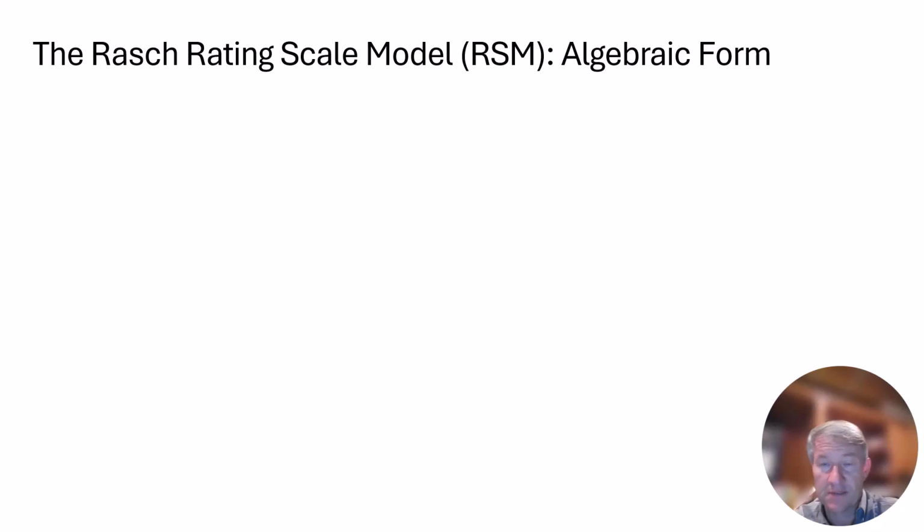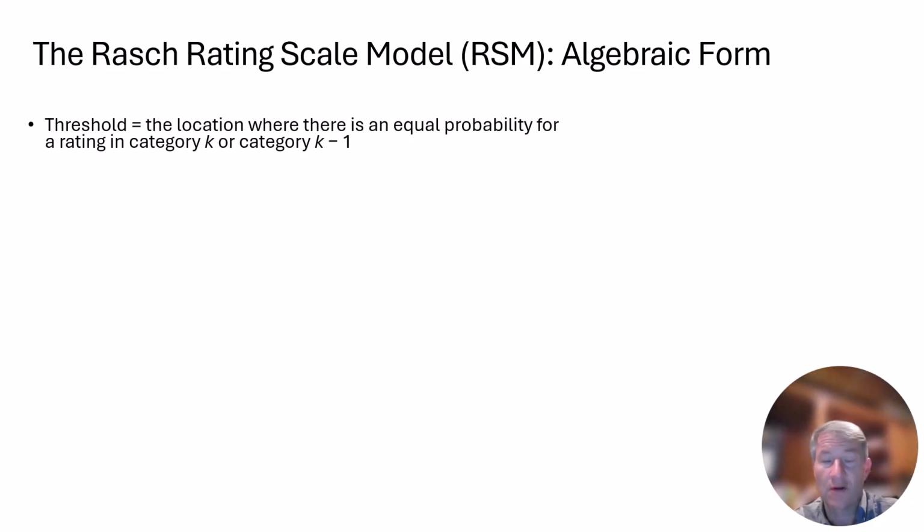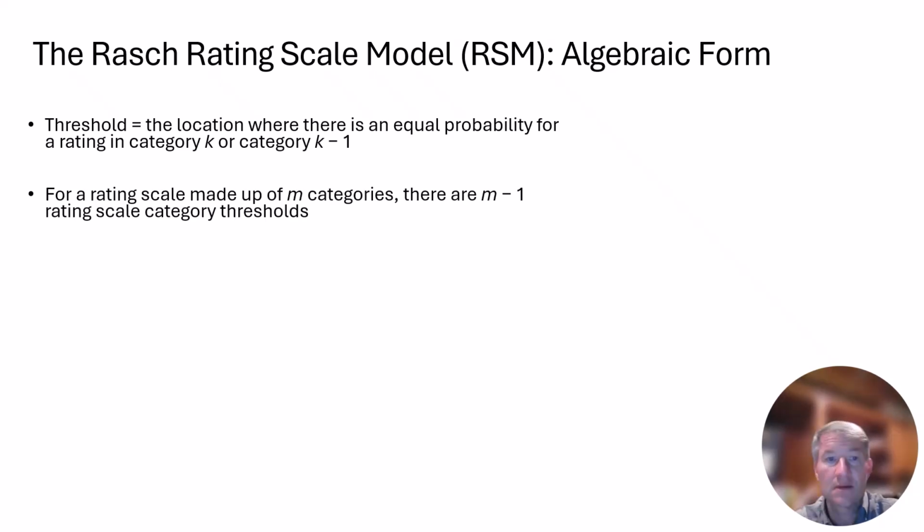And one of the things to consider in the Rasch rating scale model is that there are thresholds, and these are locations where there is an equal probability for a rating in either category K or category K minus 1. So in other words, an equal probability of a rating in adjacent categories. So for example, if a rating scale is made up of M categories, there are M minus 1 rating scale category thresholds.